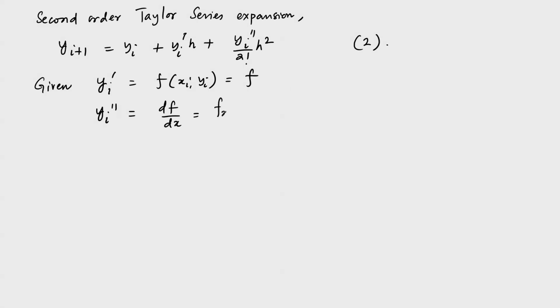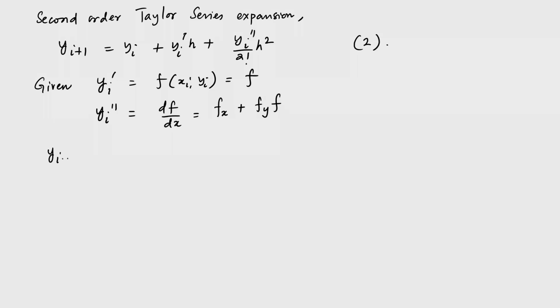So, we will take a derivative with respect to x, and also there will be a partial derivative with respect to y, and so on. Okay. So, this notation we are very familiar with, and this is the double derivative, which is f x plus f y times the value of the function.